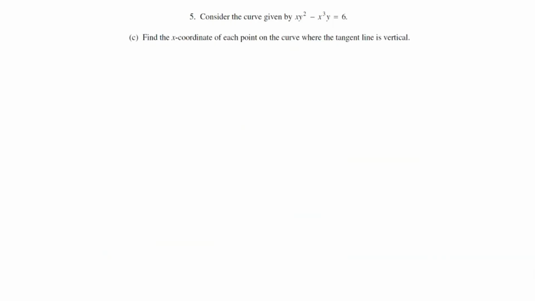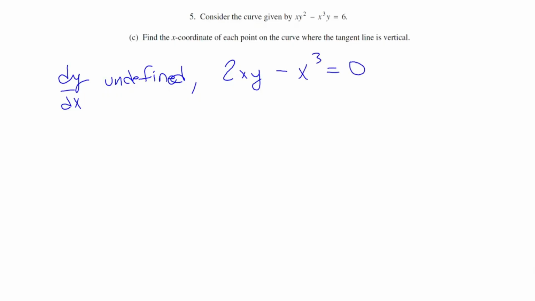And here in part C, it says find the x-coordinate of each point on the curve where the tangent line is vertical. So the tangent line will be vertical if dy/dx is undefined, which means that the denominator of our dy/dx, which was 2xy minus x cubed, is equal to 0.